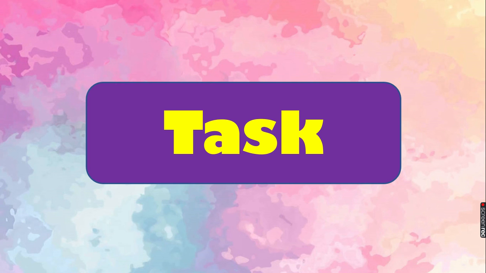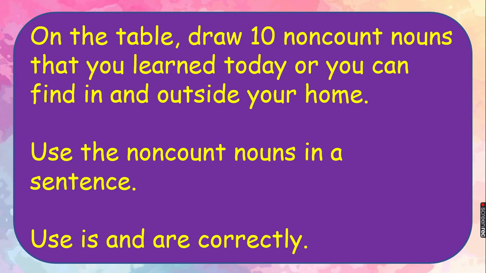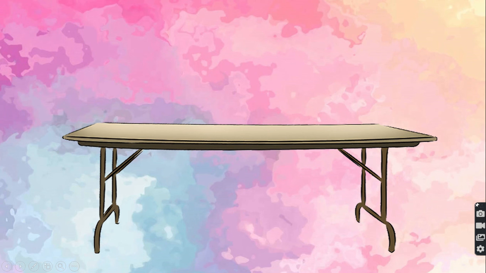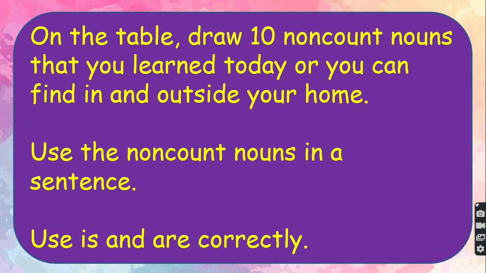Here's going to be your task for today. There is a table here, this table right here. On the table, draw 10 non-count nouns that you learned today or you can find in and outside your home.